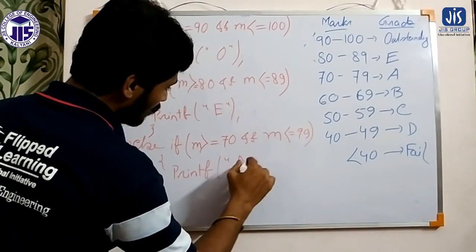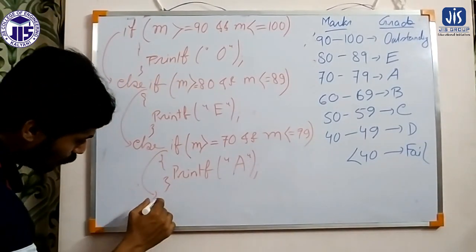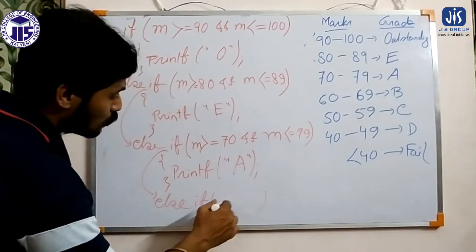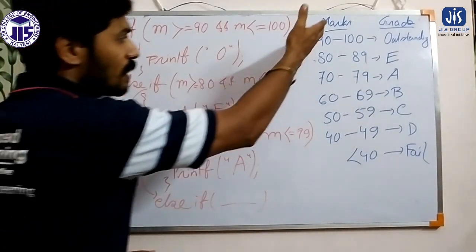the grade. And if it is false, then we go for the next condition that we can apply by using if. In that way we will check all the conditions.